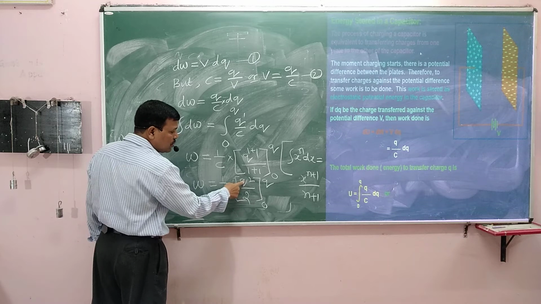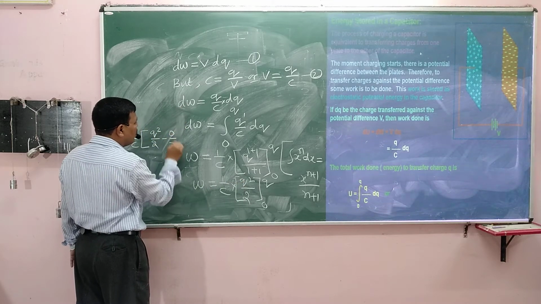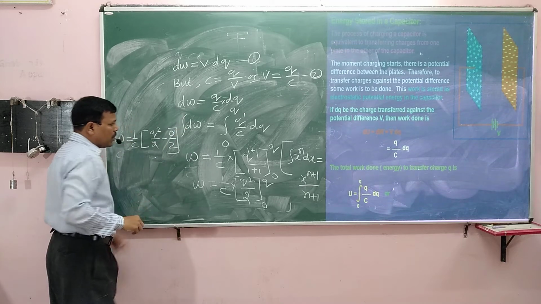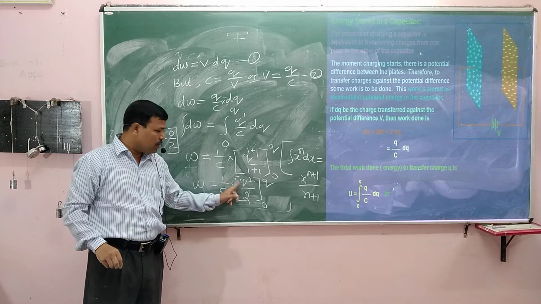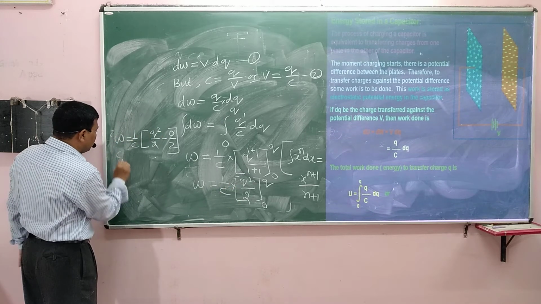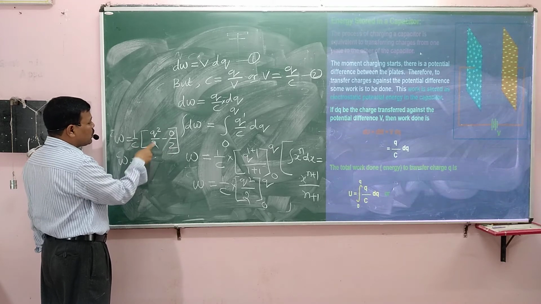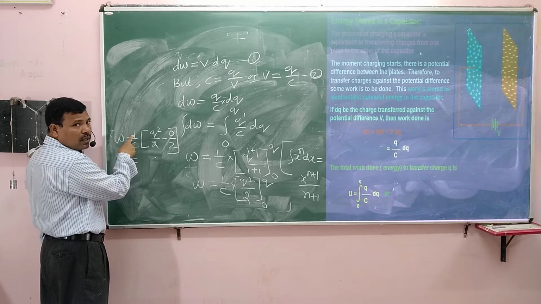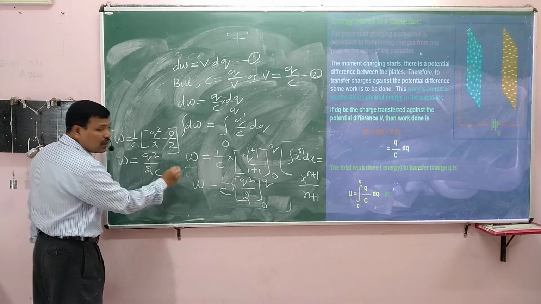Then I will substitute the lower limit, I get 0 by 2, which is 0. So Q square by 2, and 1 upon C gives Q square by 2C.